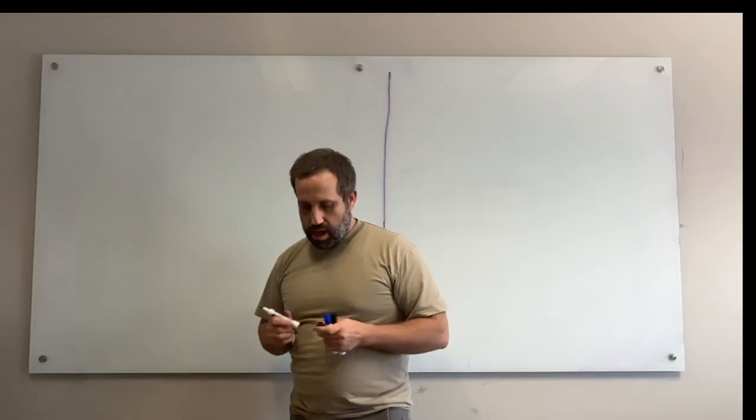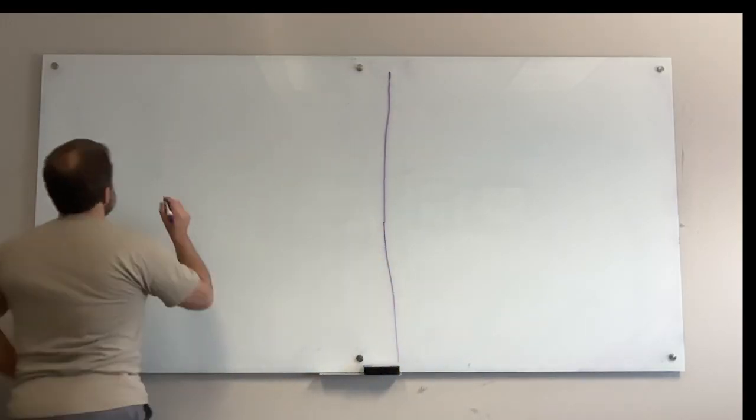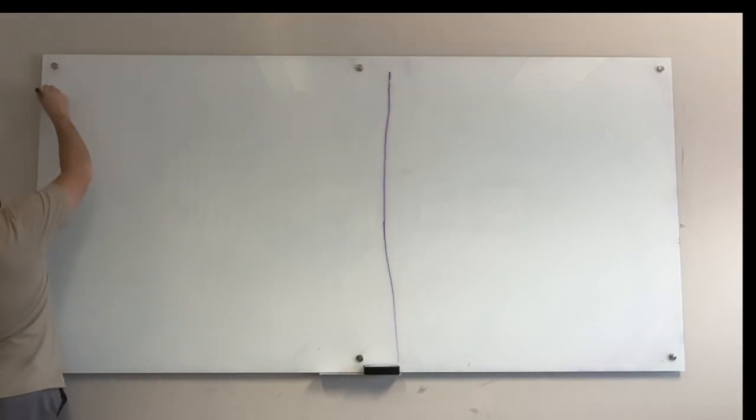Okay, so now we're going to look at the Jordan form of a matrix. First, let me get a definition out of the way.